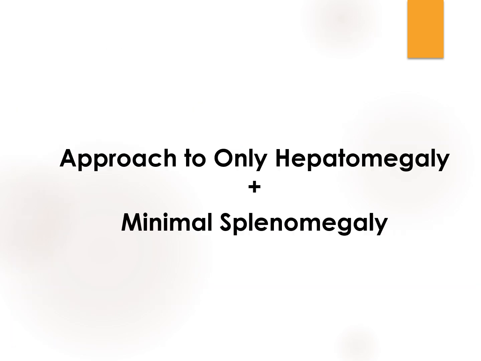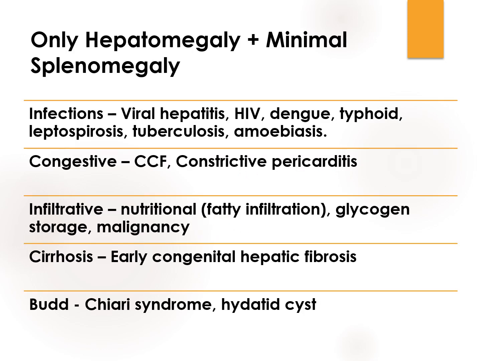Now, approach to only hepatomegaly with minimal splenomegaly. When there is either only hepatomegaly or hepatomegaly with minimal enlargement of the spleen, meaning mainly the liver is enlarged but the spleen is also mildly enlarged, we label it as hepatosplenomegaly. Examples are infections: viral hepatitis, HIV, dengue, typhoid, leptospirosis, tuberculosis, amoebiasis.